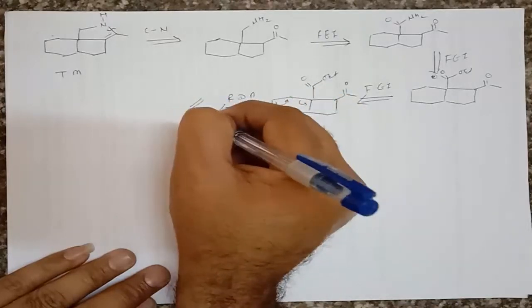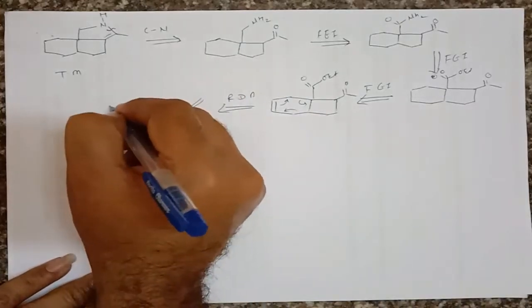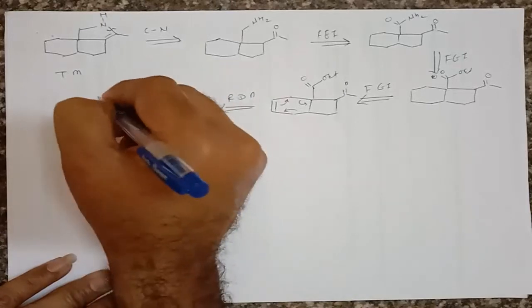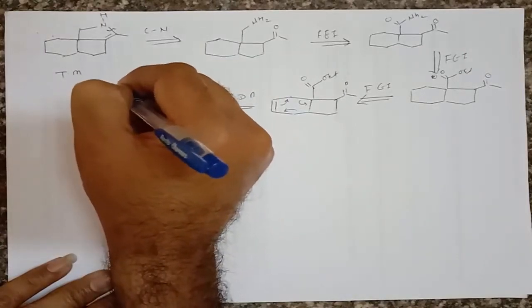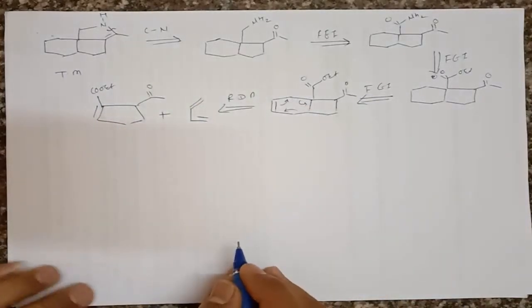From one side we can take 1,3-butadiene plus, along with it, a 5-member ring. So this is a 5-member ring, here is a double bond, here is COOEt, and here is C double bond O CH3, that is an ester group here, right?